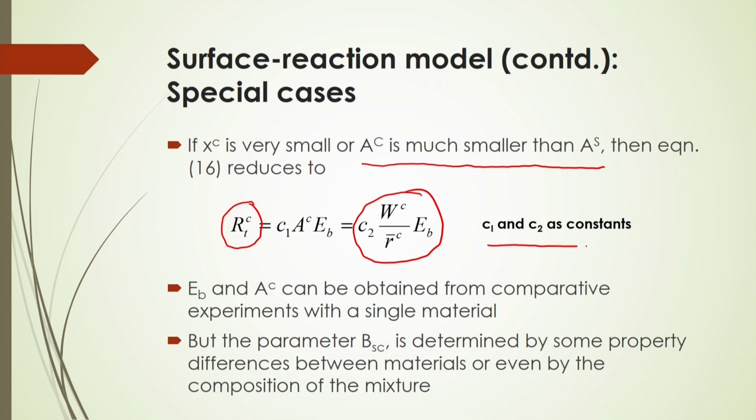Here C 1 and C 2 are constants, and EB and AC can be obtained from comparative experiments with a single material, but the parameter BSC is determined by property differences between the materials and by the composition of the mixture.